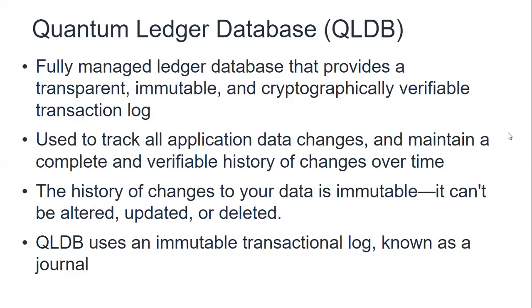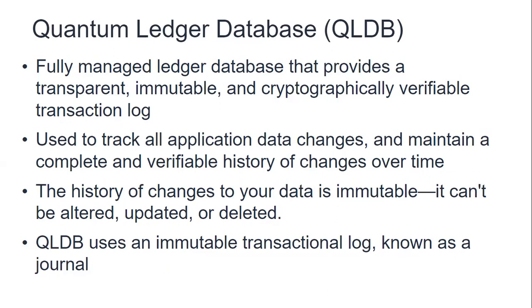Then there's Quantum Ledger Database. So if you want an audit trail for all your changes, use Quantum Ledger Database. Typically, you write applications to do this, a whole lot of maintenance and applications. But QLDB will keep an immutable transaction log.